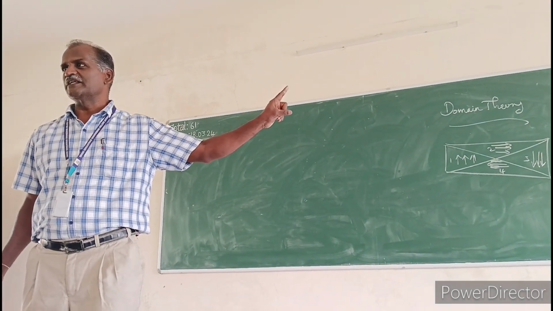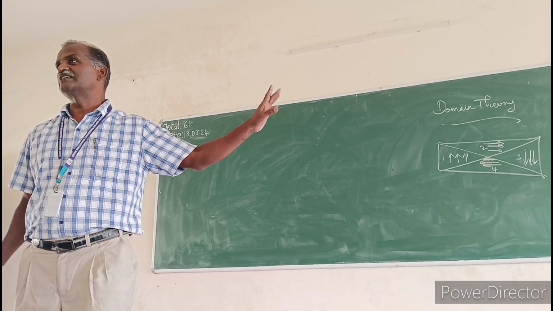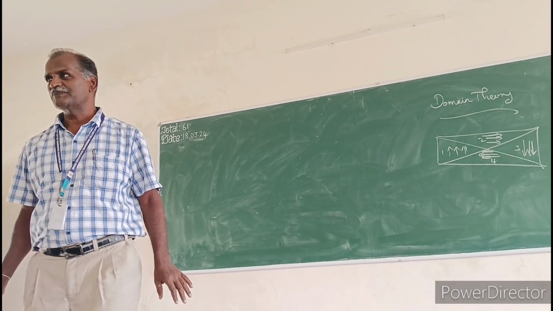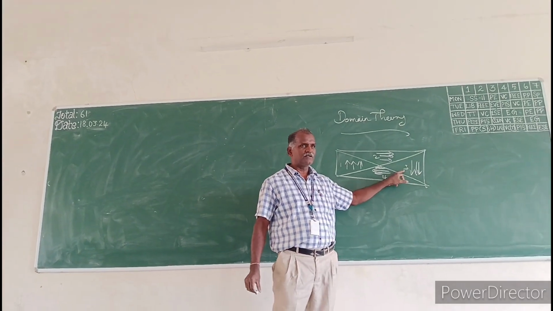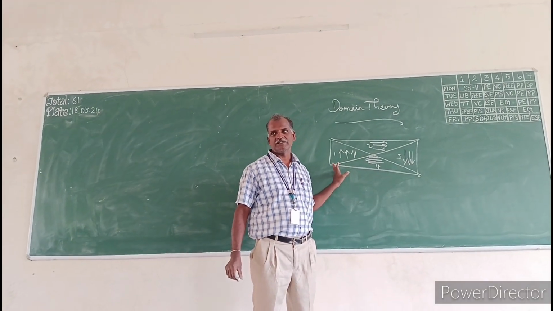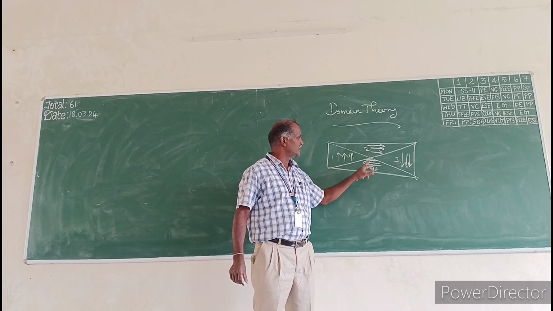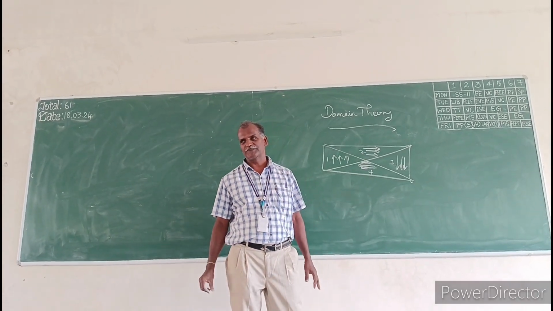The ferromagnetic material does not show any resultant magnetic moment because domains 1 and 3 are opposite to each other, and 2 and 4 are opposite to each other.